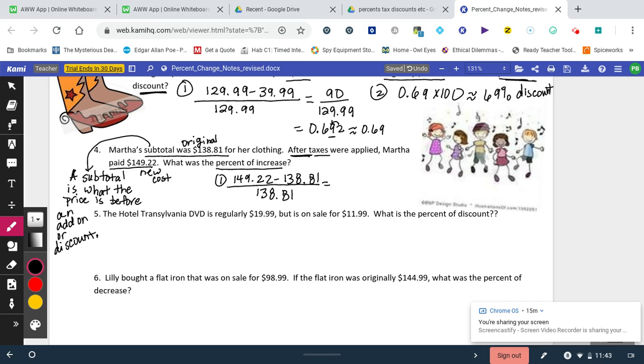That gives me $10.41. So that's a difference there, okay, of $10.41 divided by the 138.81. So divide that by 138.81, and I get this long decimal again when I round it out to the nearest hundred.